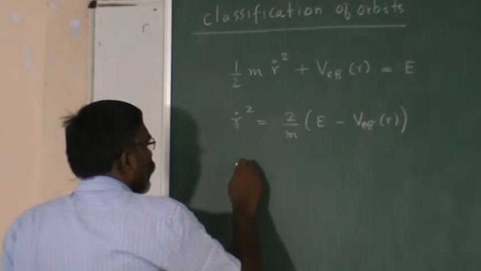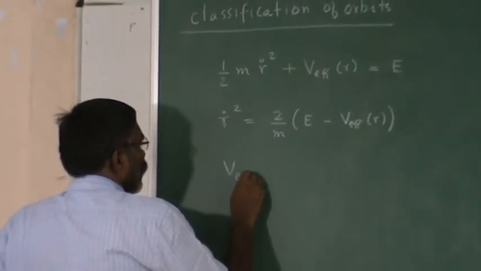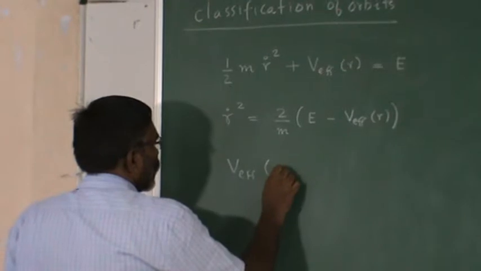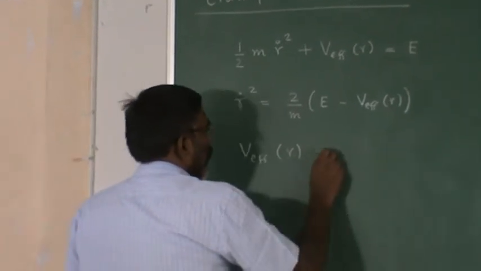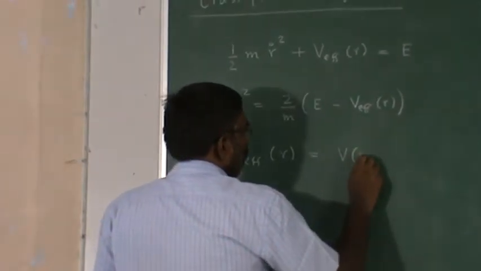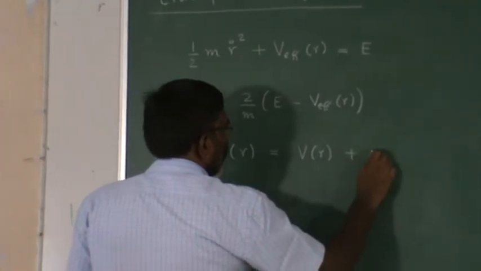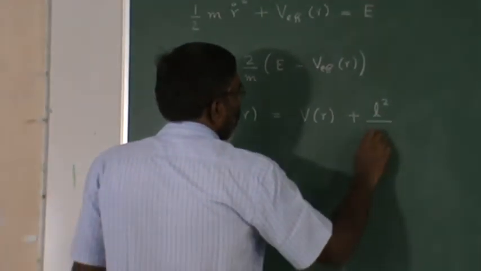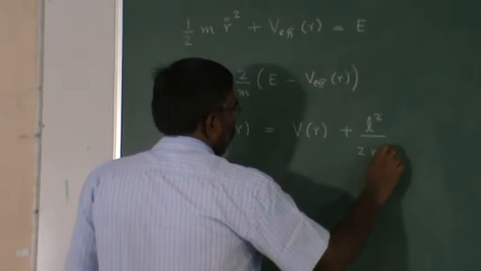Now we have V effective of r as V of r plus L squared divided by twice m r squared.